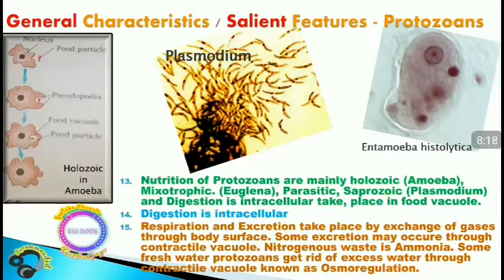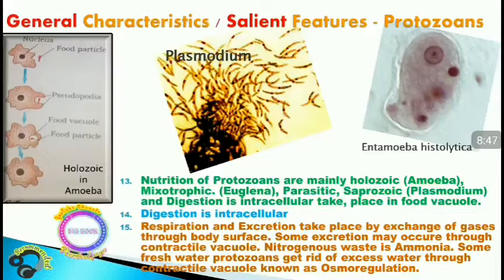Also, certain protozoans are parasitic and saprophytic, like Plasmodium vivax. Here also they feed, and the digestion is intracellular, with the help of the food vacuole for ingestion. So digestion is intracellular, it is again a separate point.